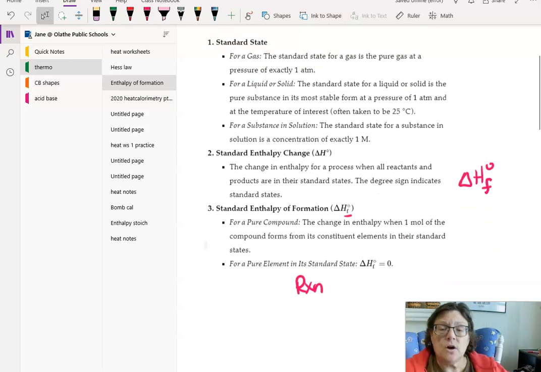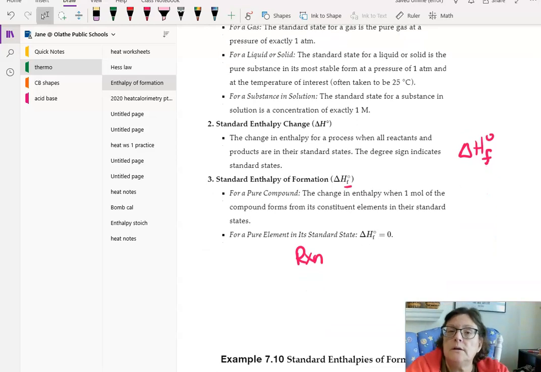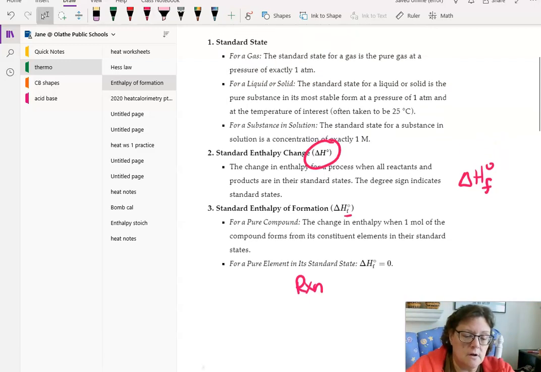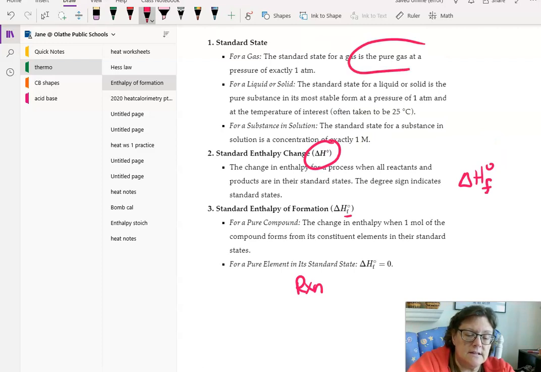Now, if you're talking about a pure element, remember when we did the oxidation numbers, pure elements had an oxidation number of 0. When we're talking about something in its standard state, if it's a gas in its standard state, then it's going to have 0 energy. So if you have O2, which is a gas, at its standard state, it's going to have a value of 0.